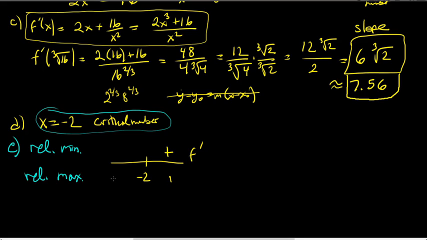And if you plug in something less than negative 2, say negative 3, well, what do we get? I guess I should plug that in then. I'm going to use this version here. You're going to get negative 6 plus 16 divided by 9.